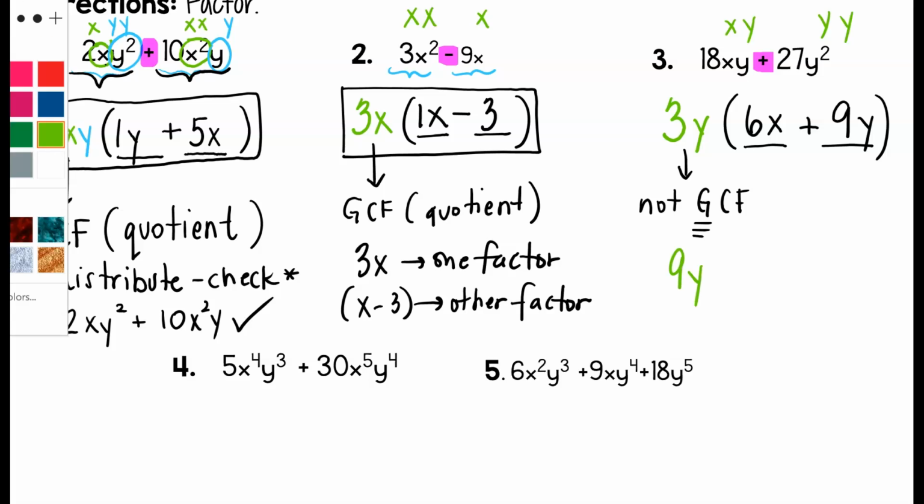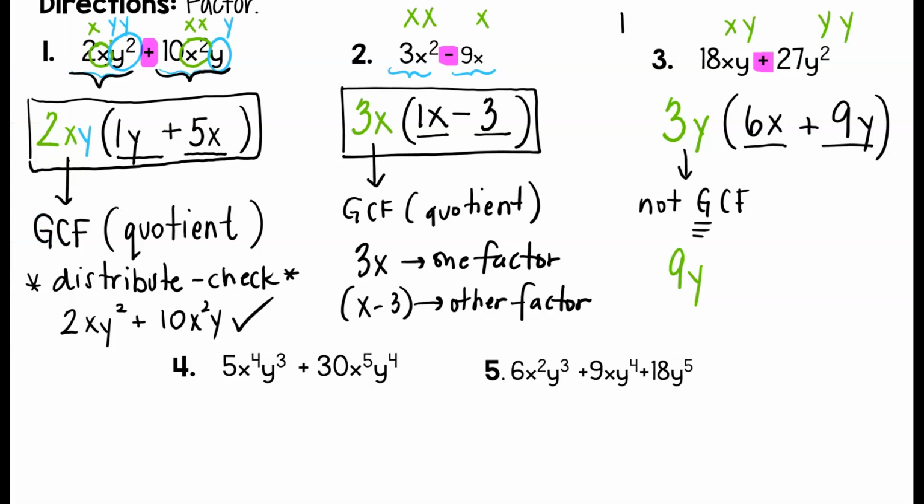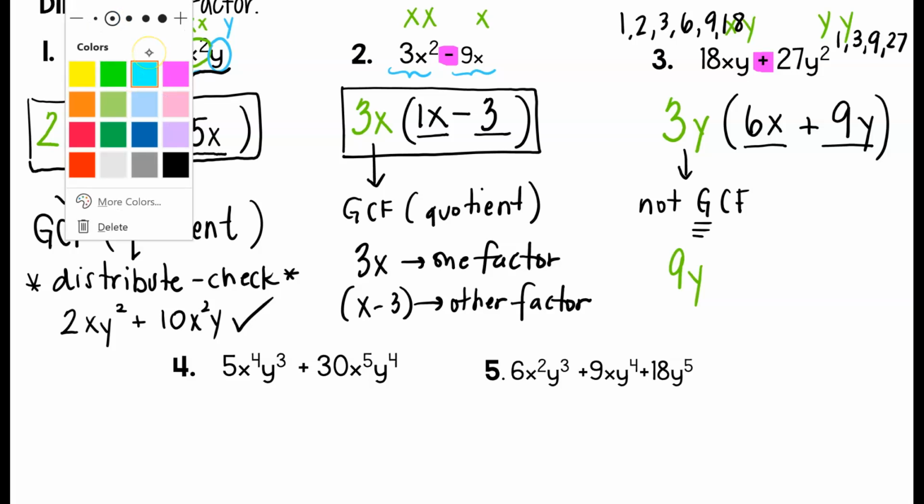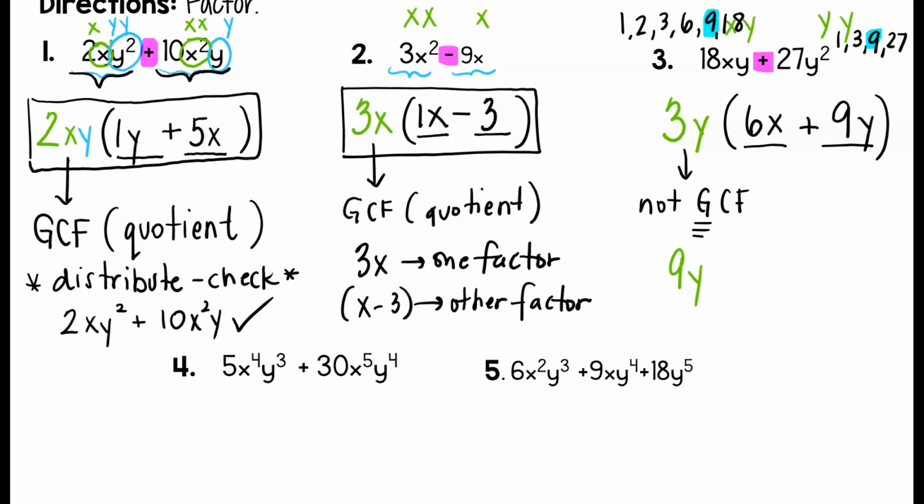And if you think about that, the factors of 18 are 1, 2, 3, 6, 9, and 18. The factors of 27 are 1, 3, 9, and 27. So as far as the greatest common factor that they both have in common, that would be 9.